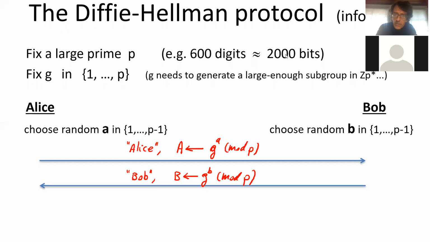Take a large prime P, like a 200-bit long prime, and fix an element g, which is a residue mod P, that generates a large enough subgroup modulo P. This notation Z_P star refers to the set of prime residues mod P, so actually this will end with P minus 1, sorry, it's a typo, which are coprime with P. If P is prime, then all the residues here are coprime with P, because P is a prime, so it's coprime with everything.